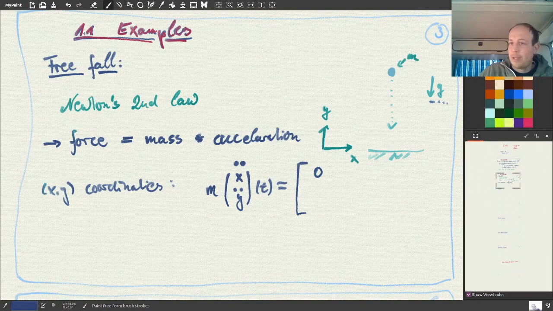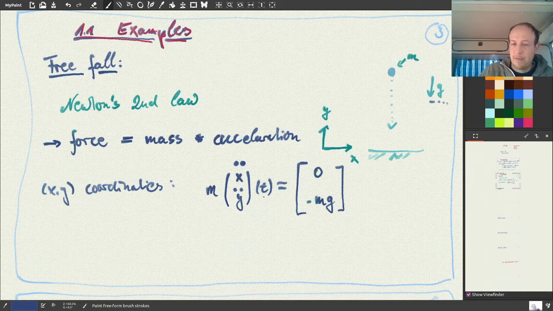Gravity is also an acceleration, and it becomes a force if it is applied to a mass. So here we will have minus m times g. And that's the equation.